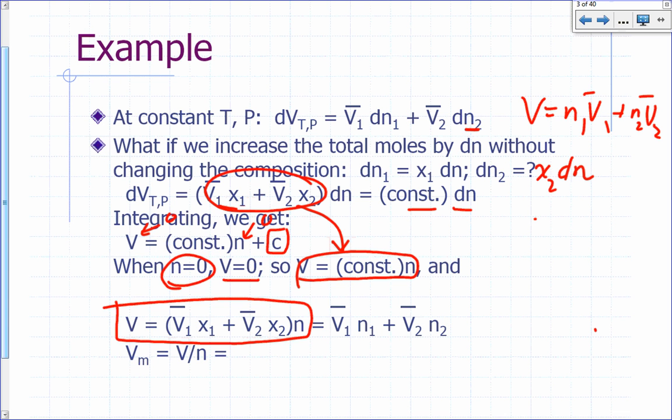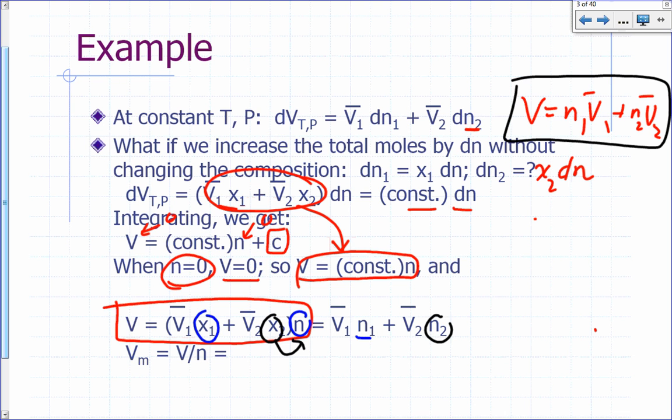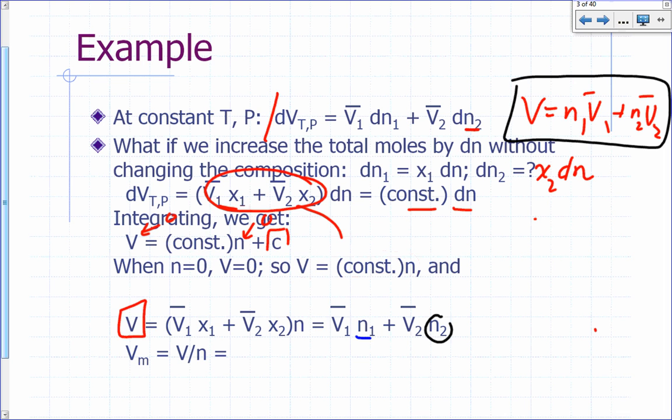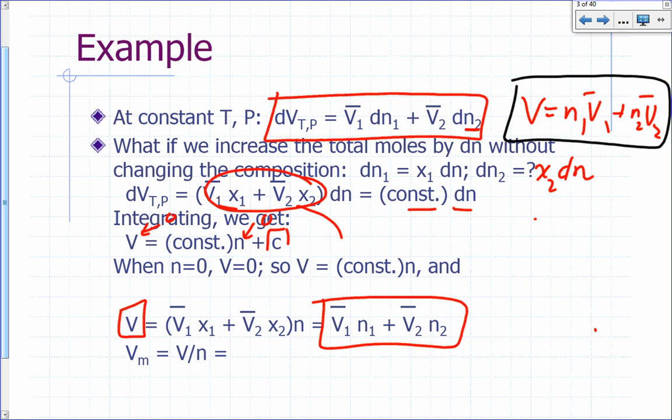But x1 times N is just N1, and x2 times N is just N2. So we have shown that our volume is in fact equal to N1 V1 bar plus N2 V2 bar. So that's what we have shown here. We've shown that not only is dV equal to V1 bar dN1 plus V2 bar dN2, but we've also shown that V is equal to V1 bar N1 plus V2 bar N2.